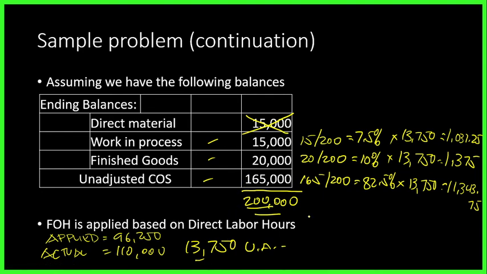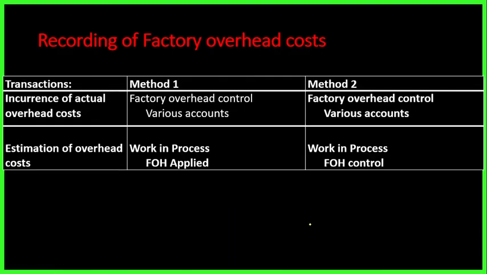So, what will be our journal entry for method 1? In recording your actual, what is our actual? It's 110,000 pesos. So, this will be 110,000 pesos. Same entry for the second method.